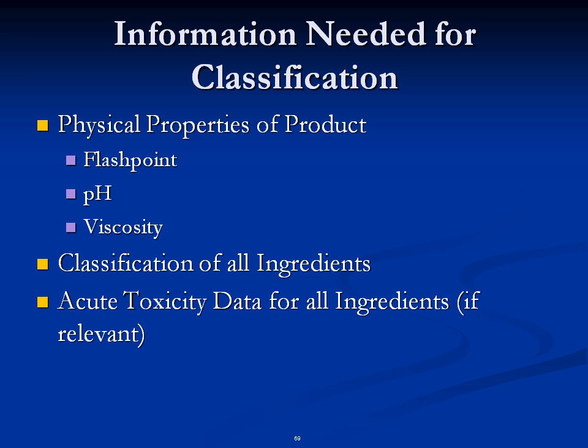And then you're going to need acute toxicity data for all the relevant ingredients, if you have any toxic ingredients, first of all, to determine if you have a potential for acute toxicity, and second of all, to do the calculation.